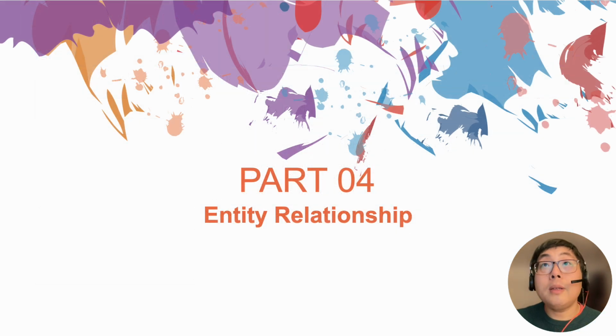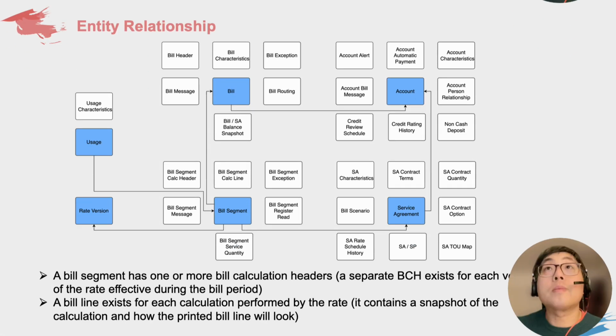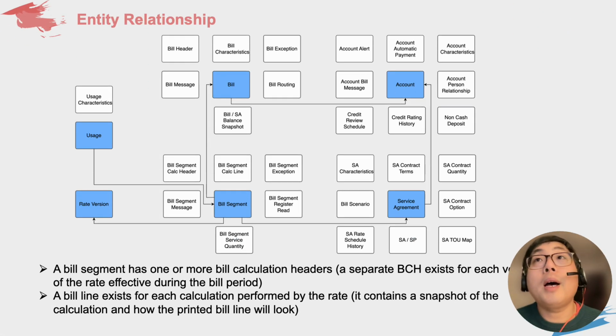Okay, so, entity relationship. I've expanded a bit from what we had last time, and now we have bill and bill segments on the same diagram, linking to the account and service agreement.